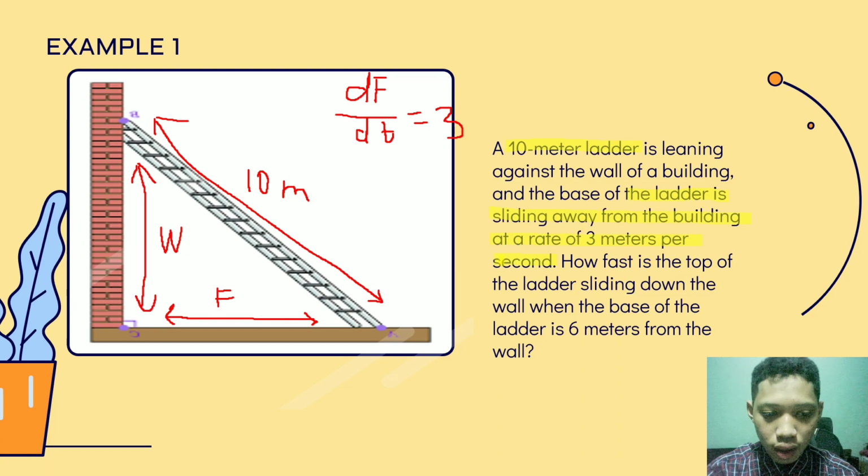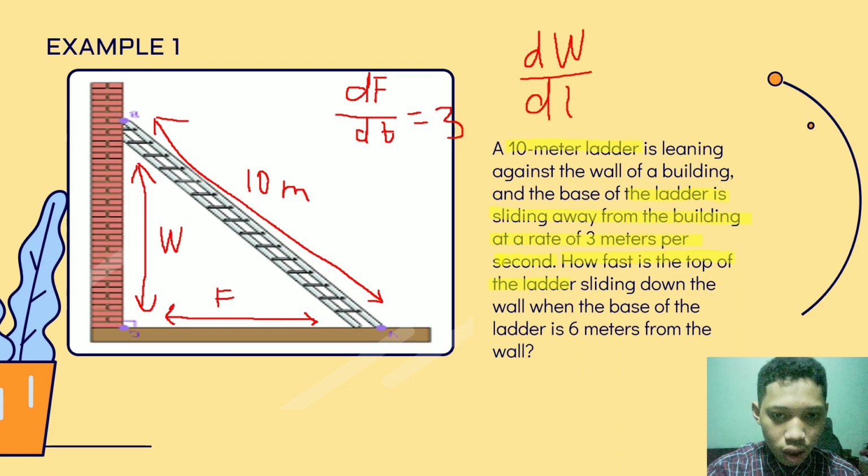So the question, how fast is the top of the ladder? We need to find dw over dt, which we don't know yet, but with f equals 6.